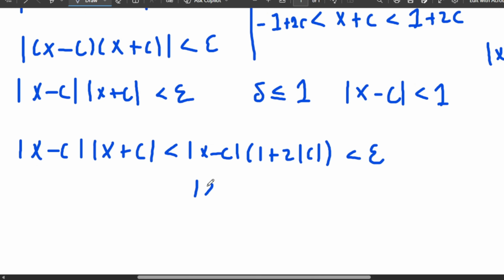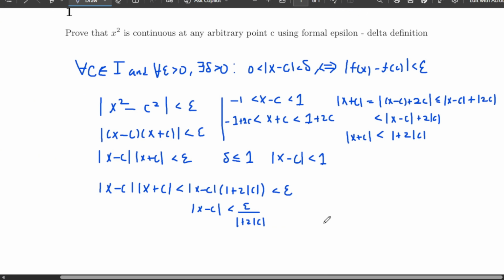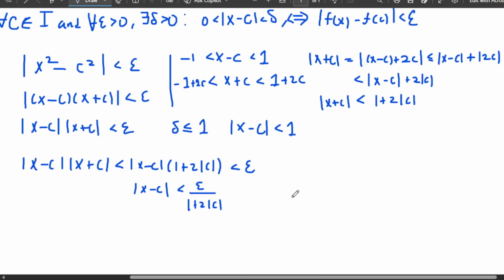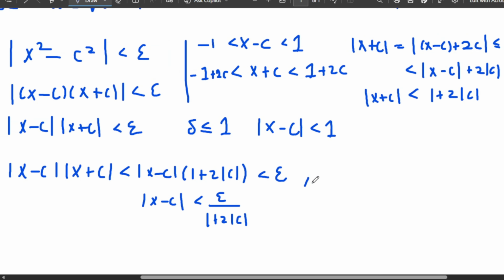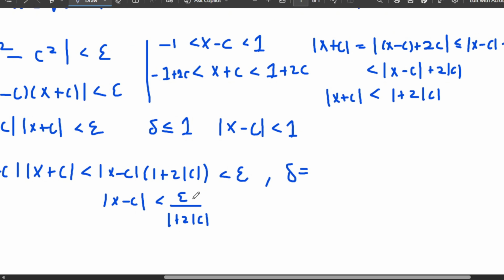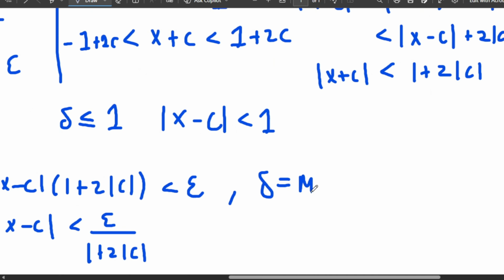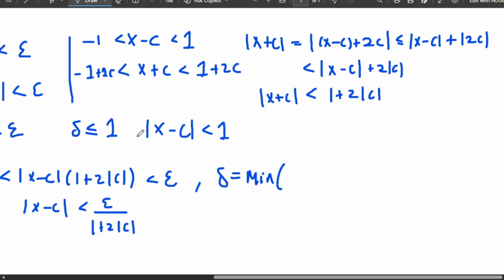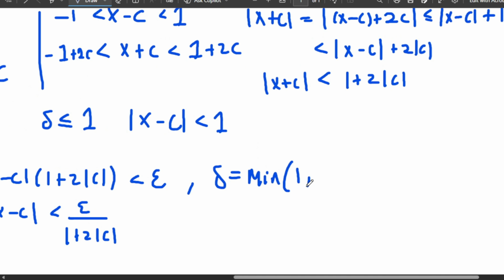So we can have x minus C less than epsilon over 1 plus 2 times absolute of C. Okay, so we have our boundaries. Delta must be the minimum of 1 and epsilon over 1 plus 2 times absolute of C.